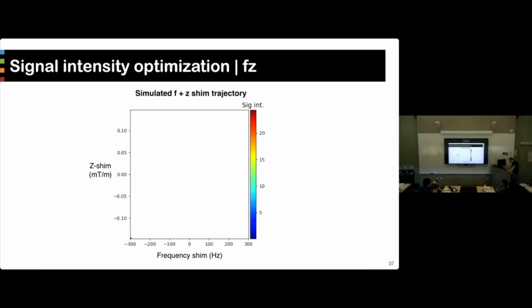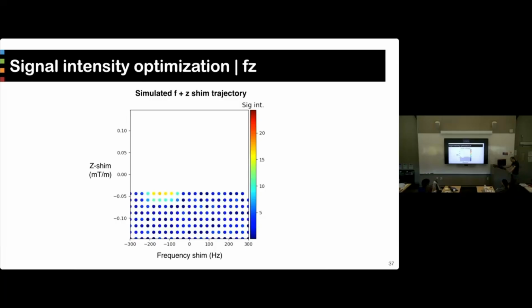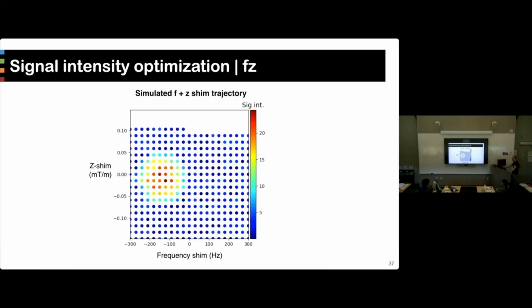Here's what that would look like if we naively acquire 21 different Z shim values, as well as 21 different frequency values. If you do the whole thing, you get 441 volumes, which seems a bit unreasonable, right? That's really slow.